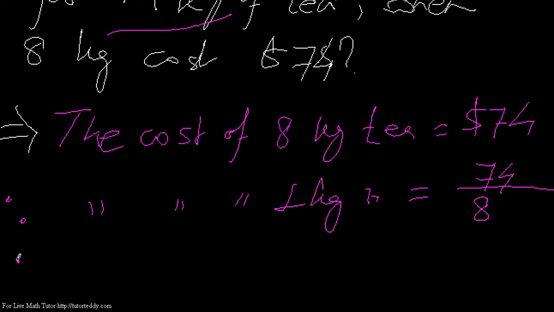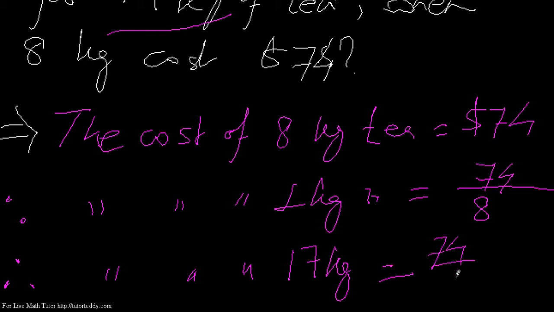So from this I can write, therefore the cost of 17 kg is how much? If 1 kg costs 74 by 8, then 17 kg will cost much higher. That means this 74 by 8 remains and I multiply 17 with it.